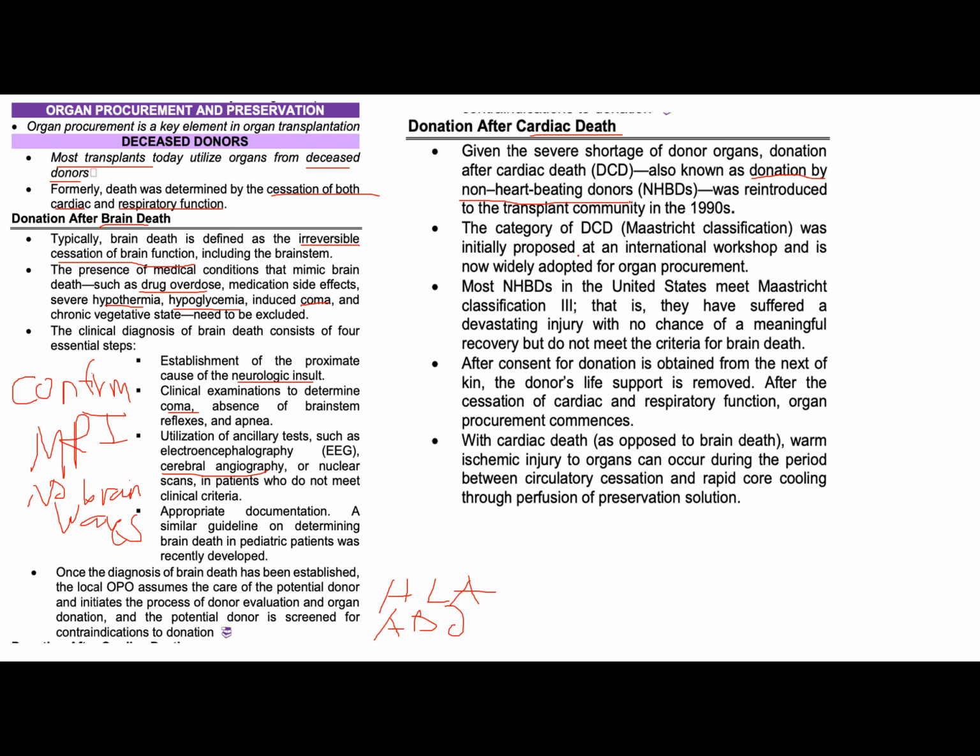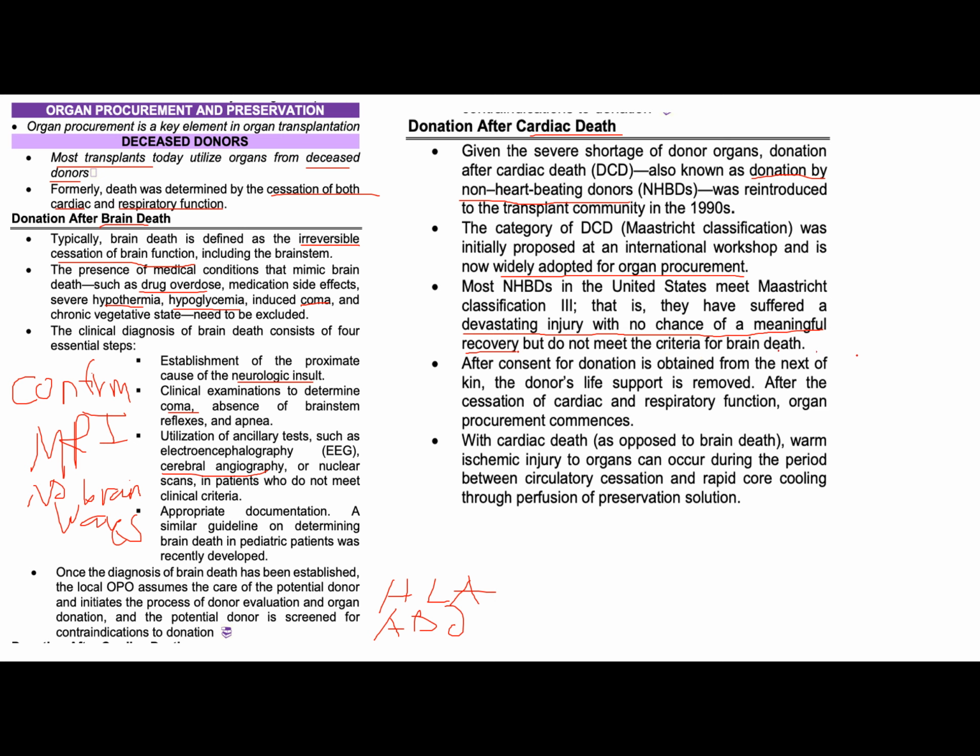Now, this was first proposed, class, at an international workshop and is now widely adopted for organ procurement. Now, ang basis nila in the United States is that the patient should suffer a devastating injury with no meaningful chance of recovery, but does not meet the criteria for brain death.